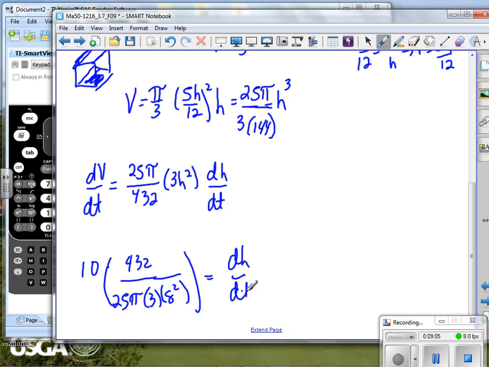Now if I did that correctly, I took the reciprocal of this, so 3h squared is also in the denominator, h is 8. And then, of course, you need to go through and do some work. Make sure that we've got values there. It turns out to be, or should turn out to be, 9 divided by 10 pi.